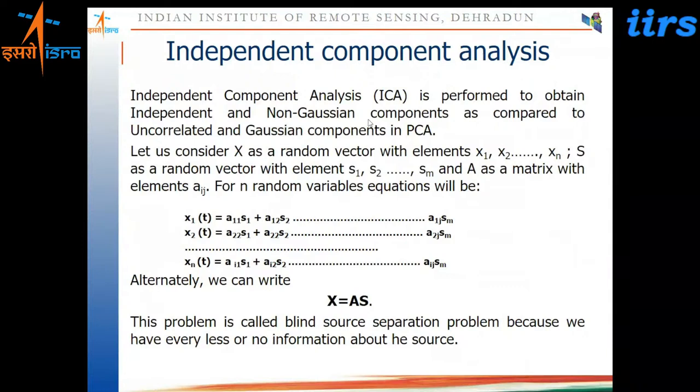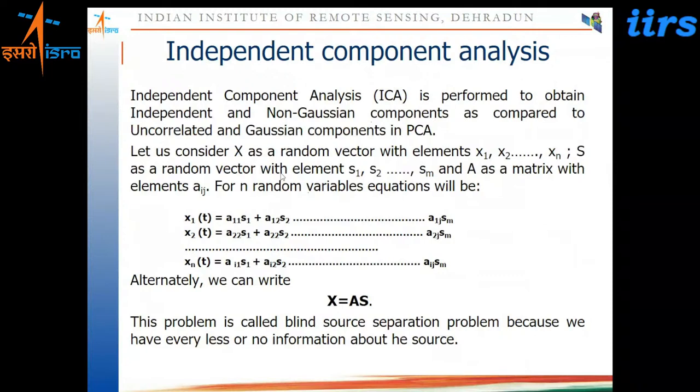So this is the equation, x equals A s, that defines the independent component analysis, where x is the random vector with the elements x1, x2 up to xn, s1, s2 up to sm, and A is the matrix of all the elements a_ij.